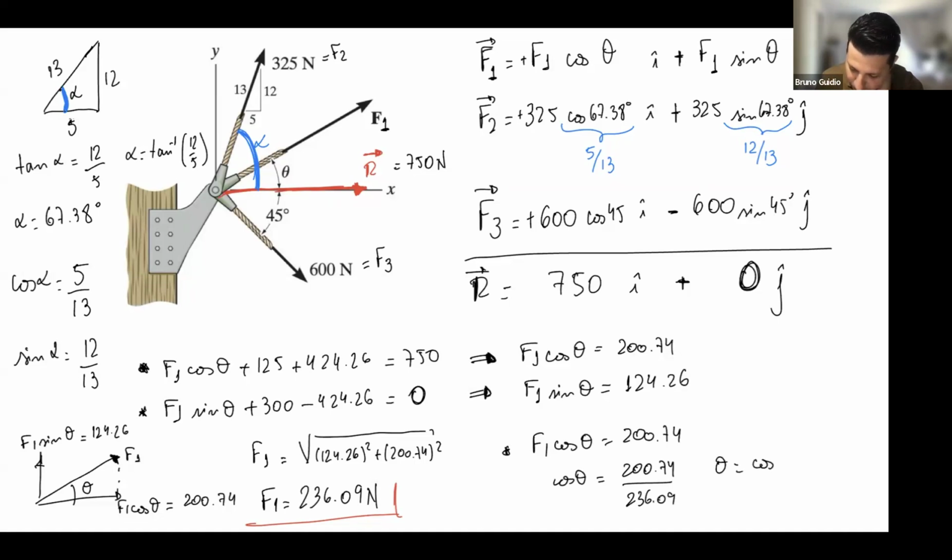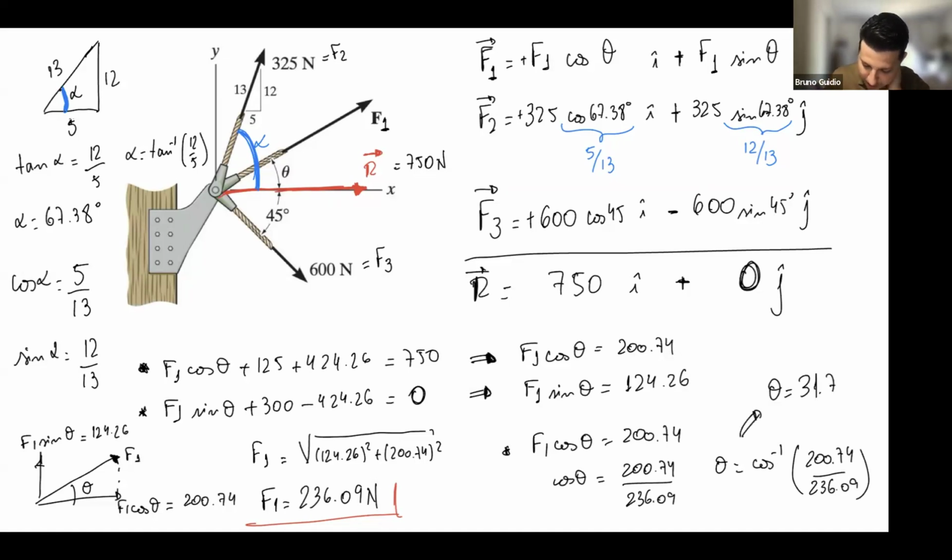Angle should be cosine inverse of 274 over 236.09. At the end, the angle in my solution is 31.76 degrees. Then F1 should be 236.09 newtons. Its direction should be 31.76 degrees in order to have this resultant as 750 newtons along the x-axis.